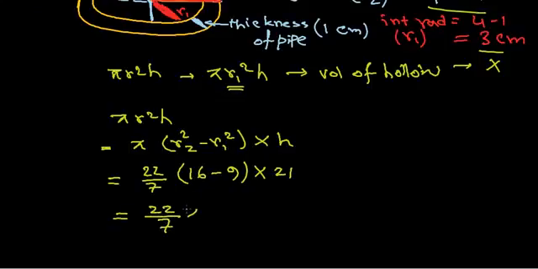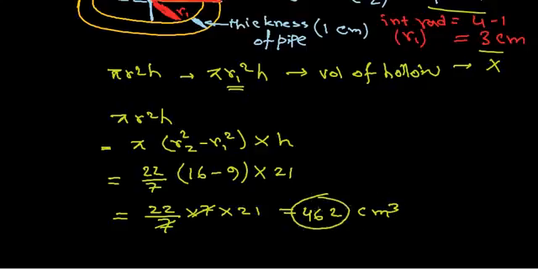Remember, every calculation will be at the end. Into 7 into 21. So here we go, 7 will cancel each other. So 22 into 21, it will give us 462 cubic centimeters. This is the volume.